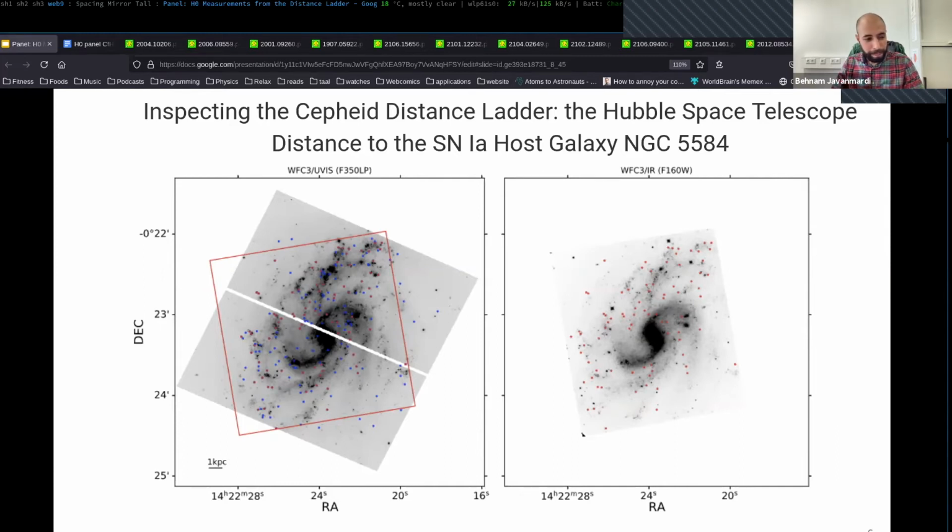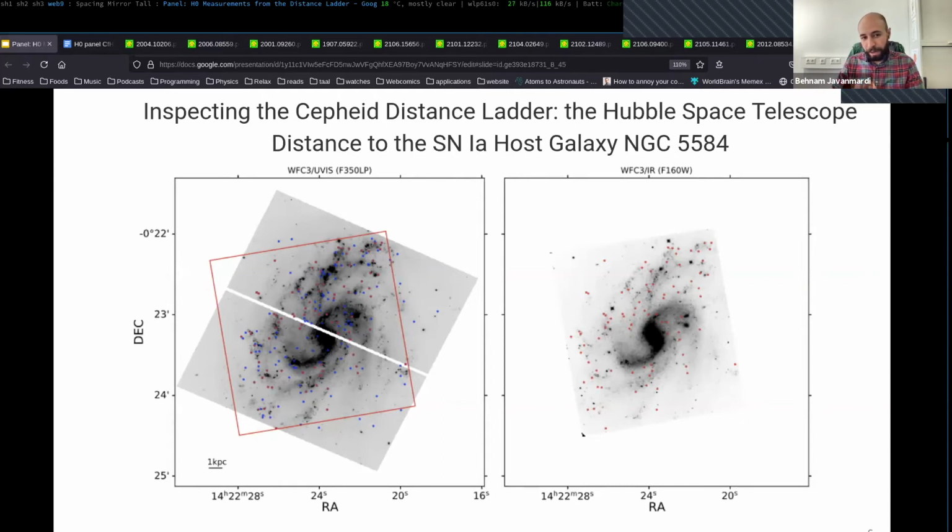Maybe the difference in this study was that, out of these 19 galaxies, 9 of them have been observed by a new instrument, Wide-Field Camera 3, and the new band F350LP, which you can see on the left panel of this figure.